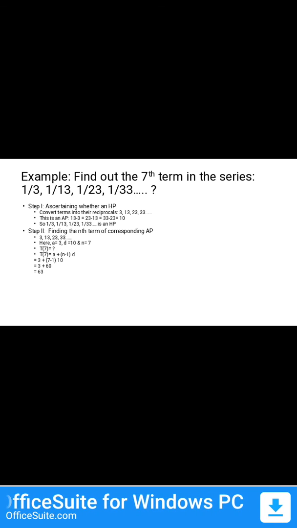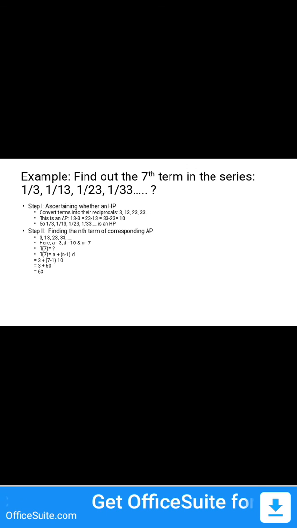You know how to find the nth term. In this case the nth term is the 7th term. How to find the 7th term? We've already done this. Please do this calculation on your notebooks. We'll find the 7th term and it comes out to be 63. Now this is the 7th term of the arithmetic progression 3, 13, 23, 33.